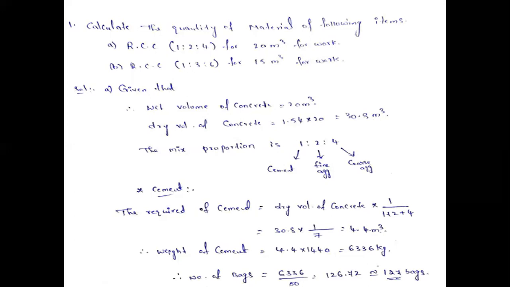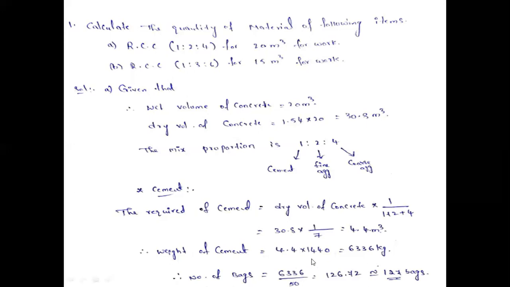Next, how much weight of cement and how many bags are used in this mix proportion. So first we find the weight of cement. Weight of cement equals the requirement of cement, 4.4 cubic meters, multiplied with the density of cement, 1440.